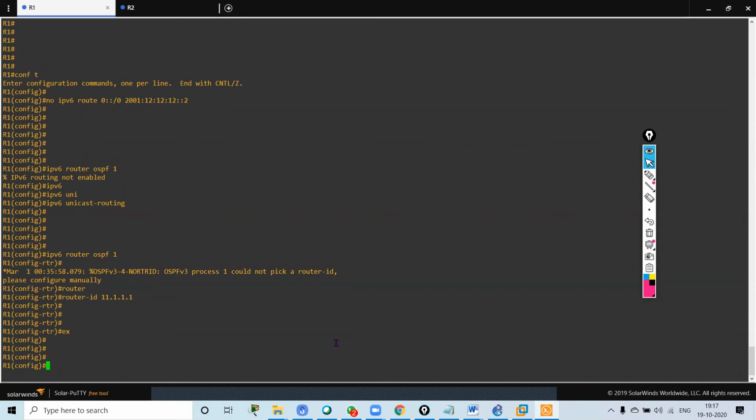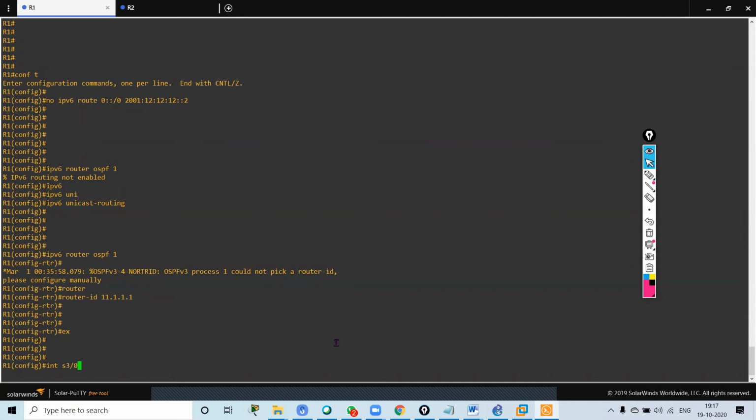Now, if I want to run this in a specific area, what I'll do first, best practice is to create area 0.